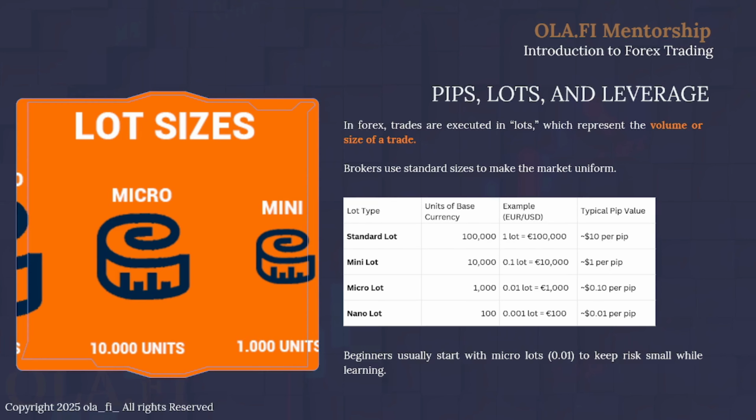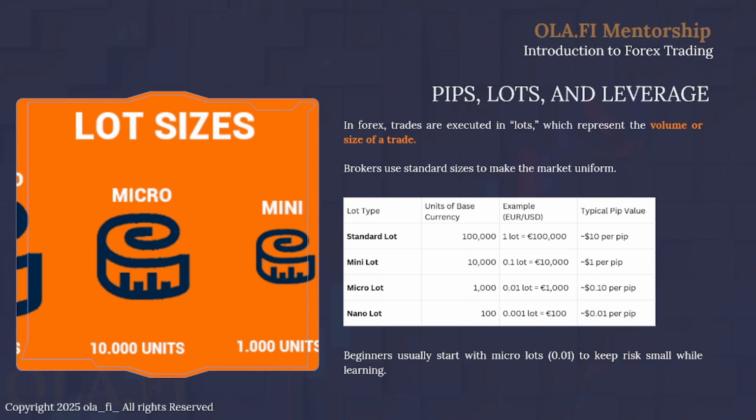So say pound USD is currently trading at 1.2534, and you bought one standard lot of pound USD, which means you bought 100,000 units of pound USD, right?